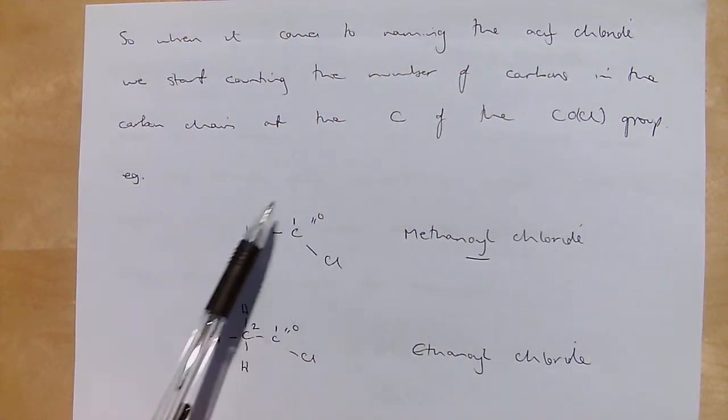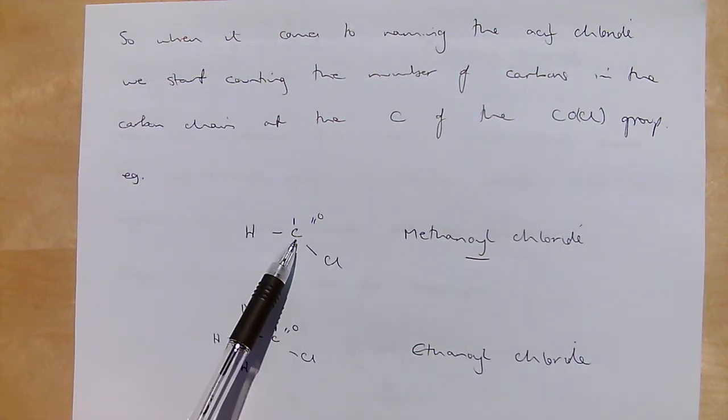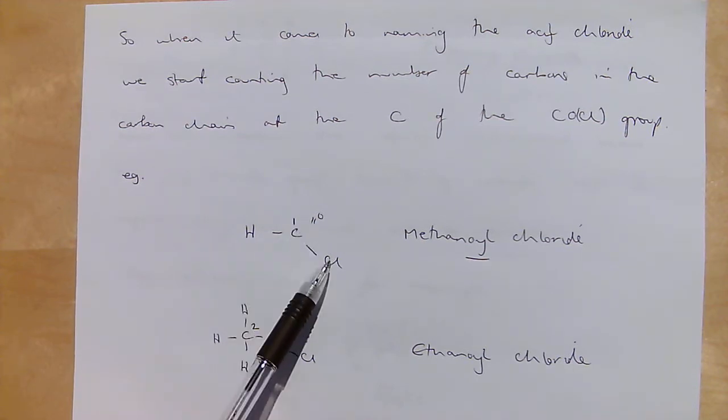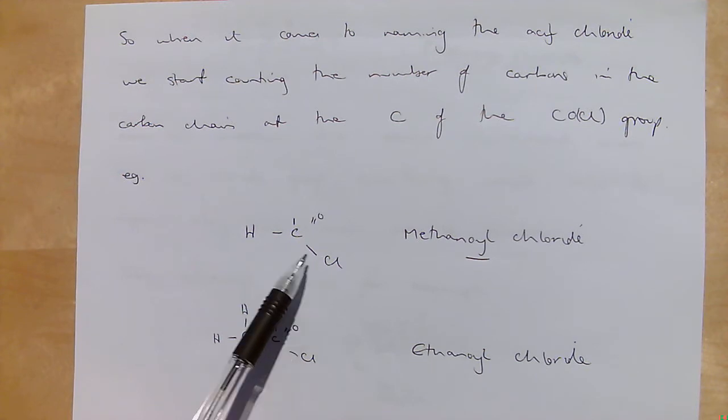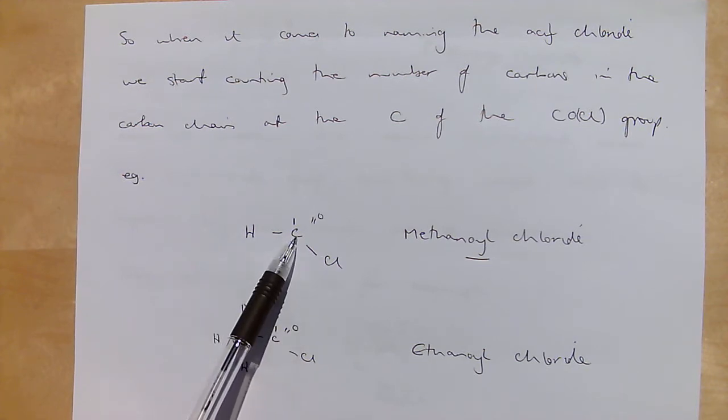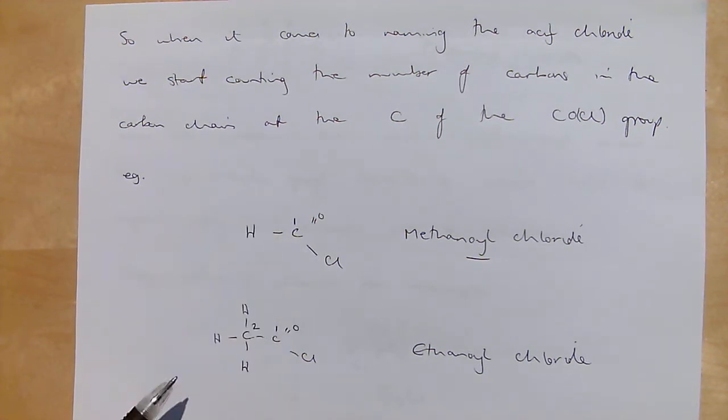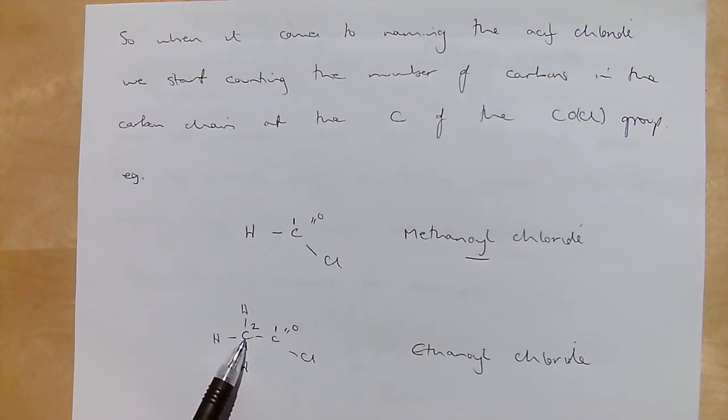Okay, so here I've got methanoyl chloride, meth, one carbon, so it's meth. I've got the COCl group, so it's an acyl chloride, and that is carbon number 1 because it's the first carbon in the chain, so it's methanoyl chloride. This one here, I've got 2 carbon atoms in my chain, so meth, eth, that's ethanoyl chloride.